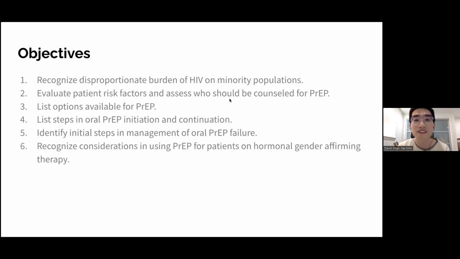Our objectives for the talk today are to recognize the disproportionate burden of HIV incidence on minority populations, evaluate patient risk factors and assess who should be counseled for PrEP, list options available for PrEP, list options in oral PrEP initiation and continuation, identify initial steps in management of PrEP failure, and recognize considerations in using PrEP for patients on hormonal gender-affirming therapy.